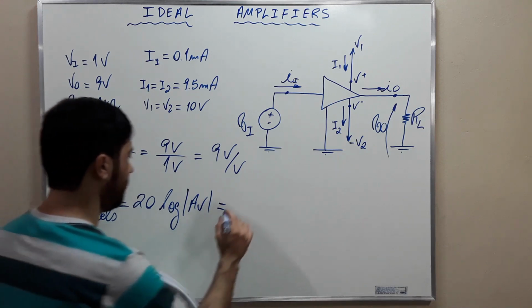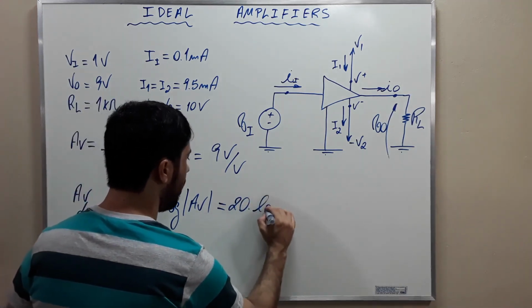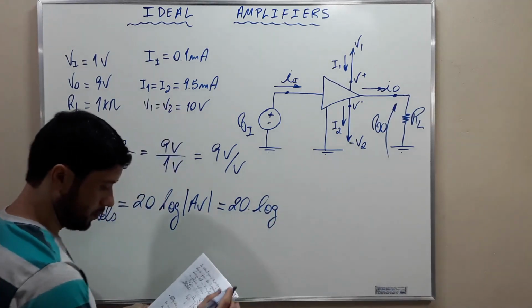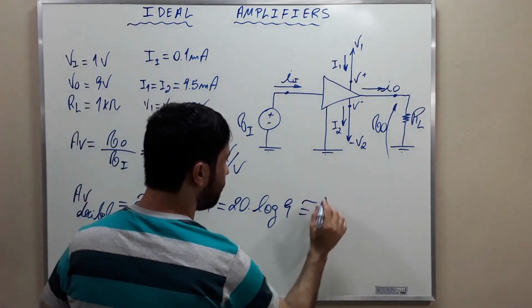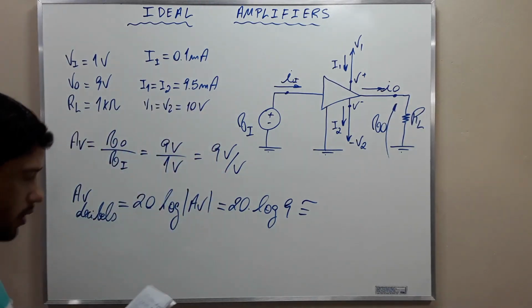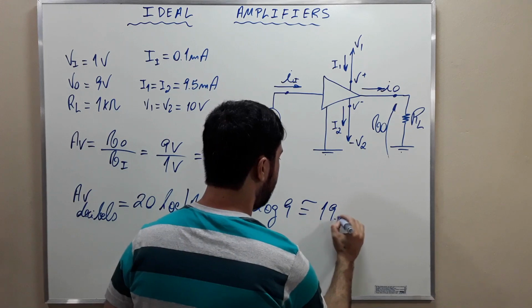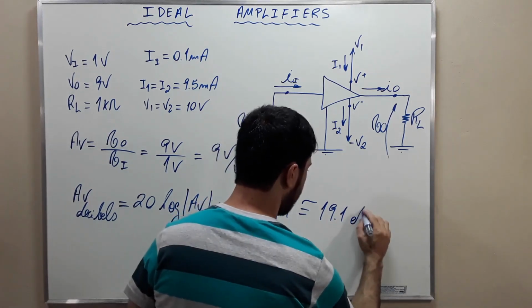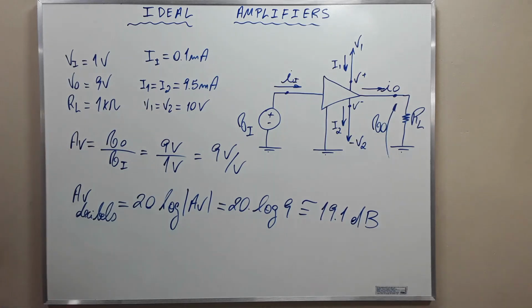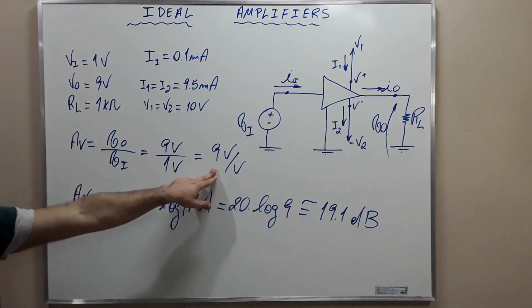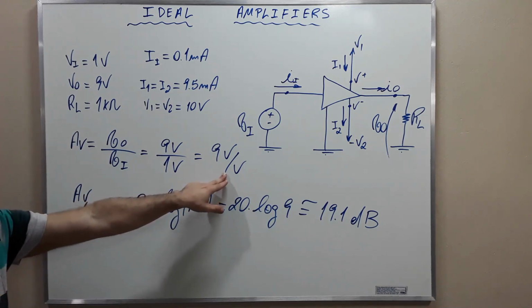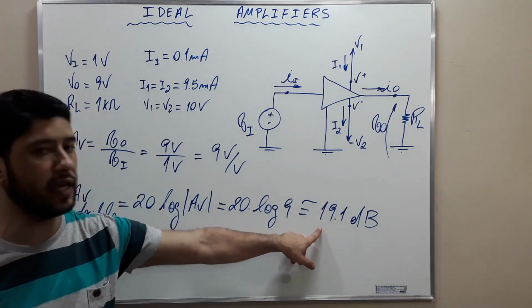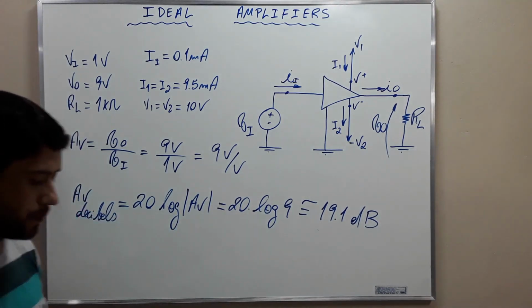It is then going to be 20 times the logarithm of 9, which is approximately equal to 19.1 decibels. This is the voltage gain expressed in volts per volt, and this is the voltage gain expressed in decibels.